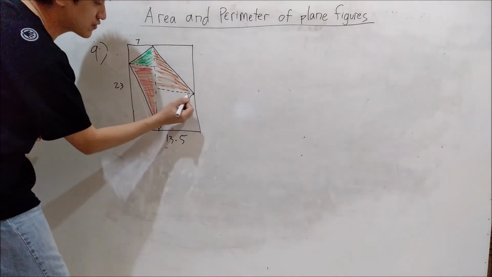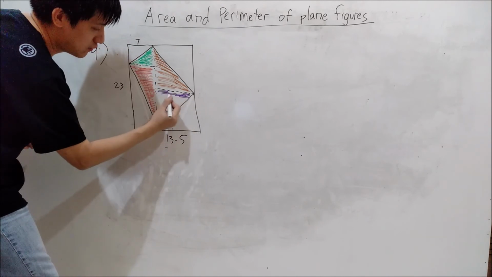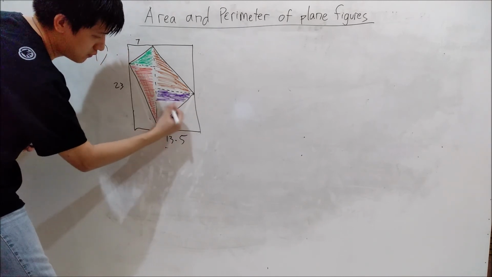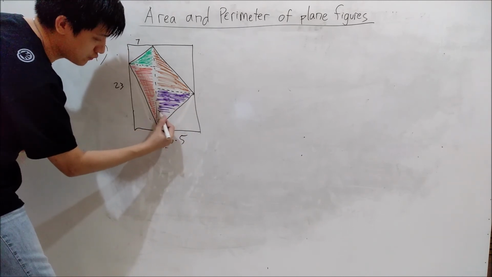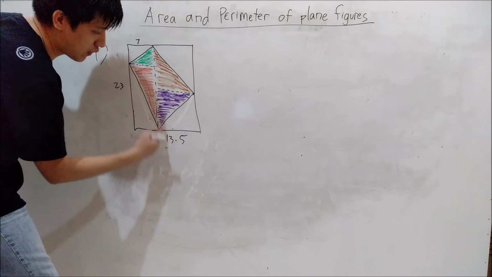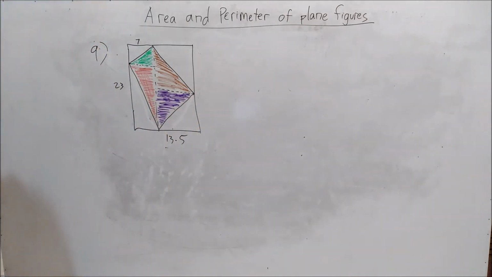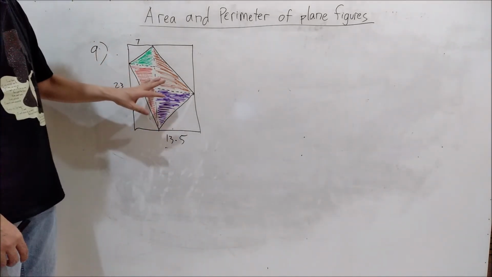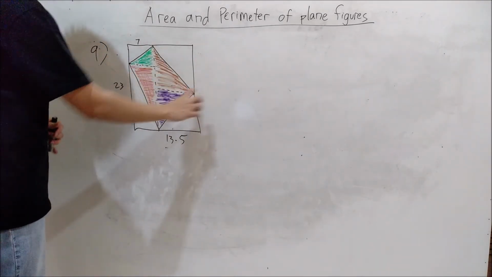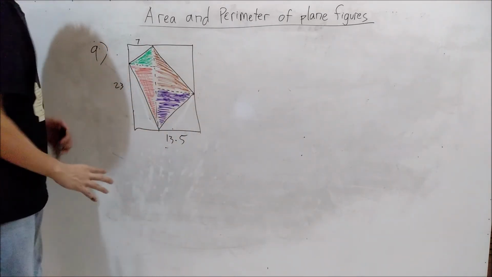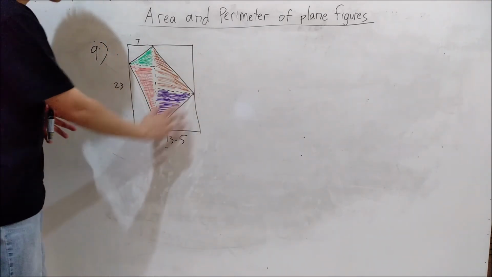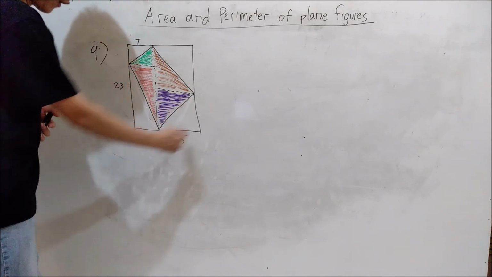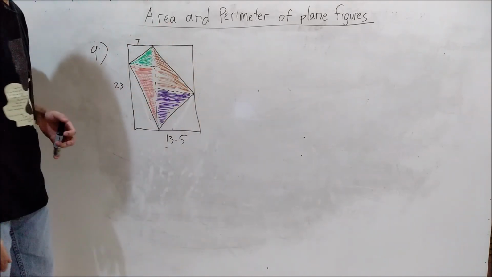And the last triangle is also just half of this bottom rectangle. So basically, this shaded part is actually half of the big rectangle, right?